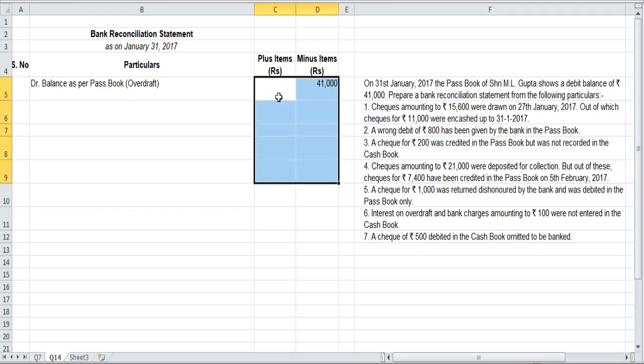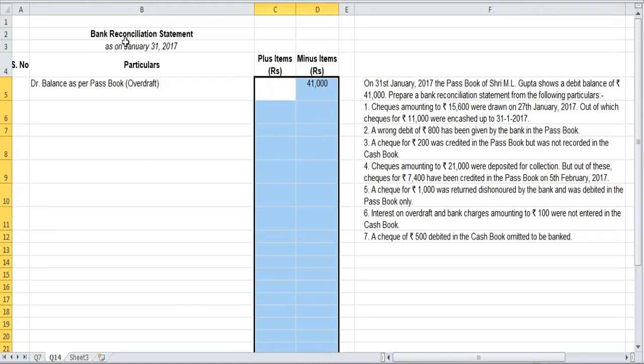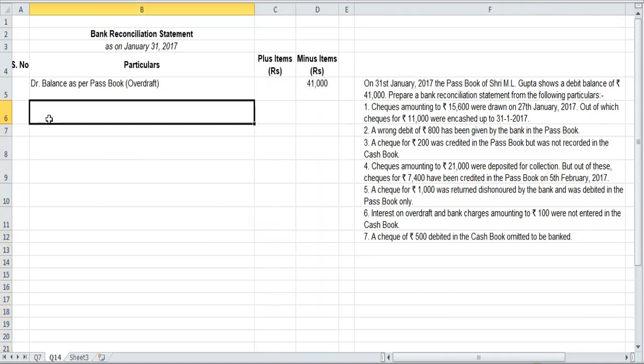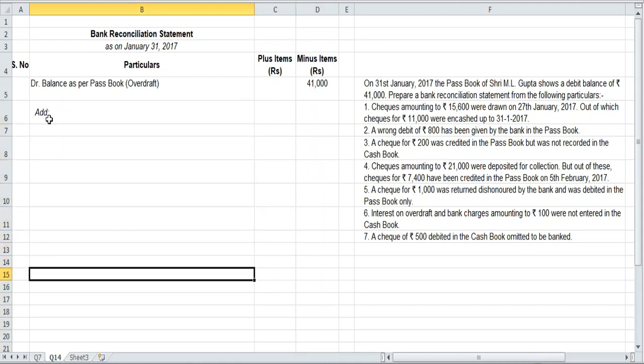Okay, now we'll start reading the question. We have made the format here as on 31st January 2017. Now we'll write here add, and we'll give some space, and we'll write less. Okay, now this is starting with the passbook, so we have to move the passbook and match it with the cash book.